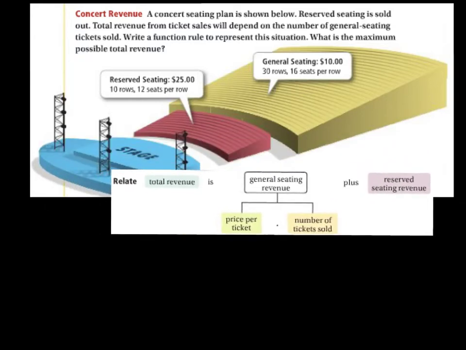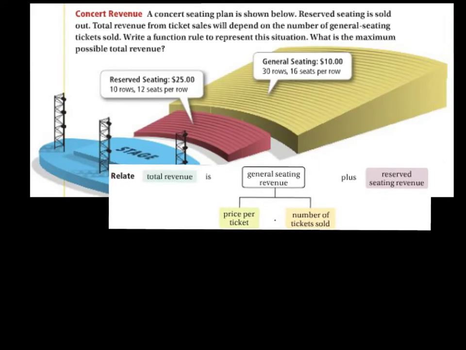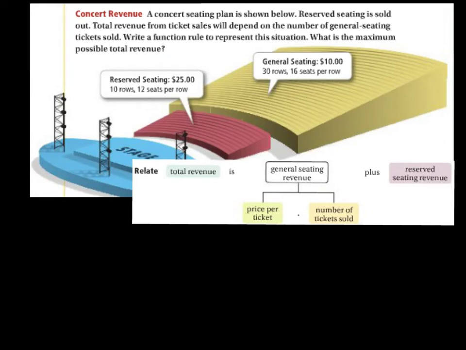But general seating has the price per ticket times the number sold. So that's a little bit different because it's not just a flat rate, okay? Everything has its own. Some seating you might fill, some you won't. Reserve seating, you're going to fill all of it, so it's just a total there.